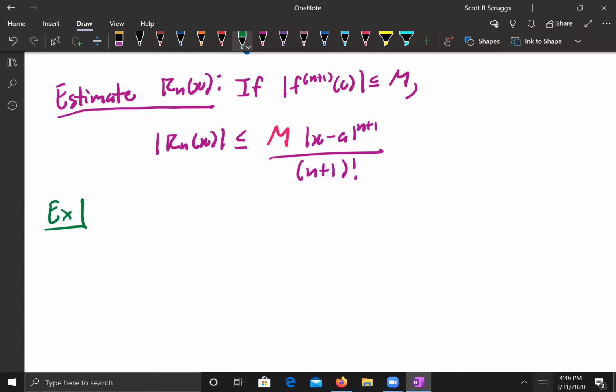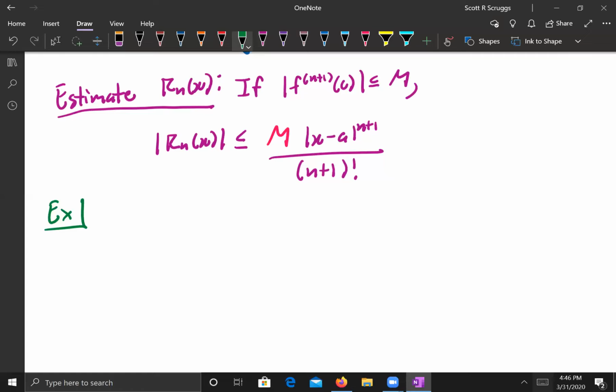So here is going to be my process. So let's find a problem where it's good.